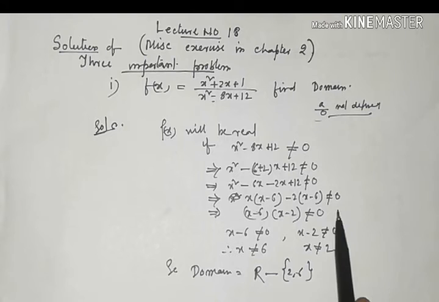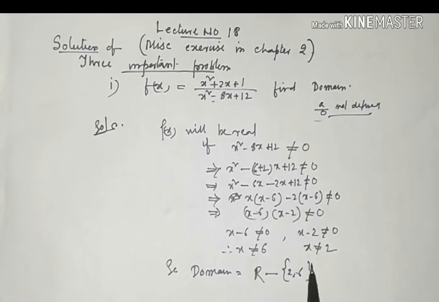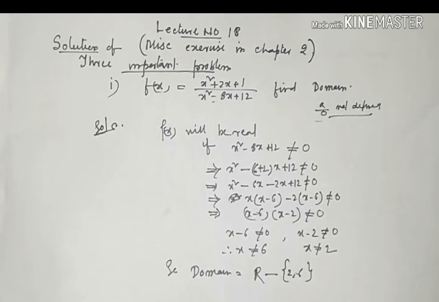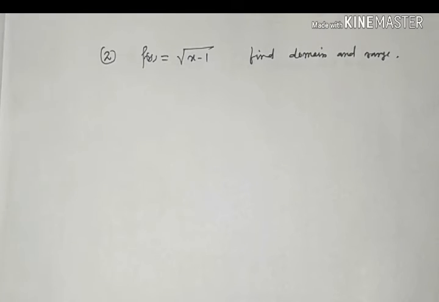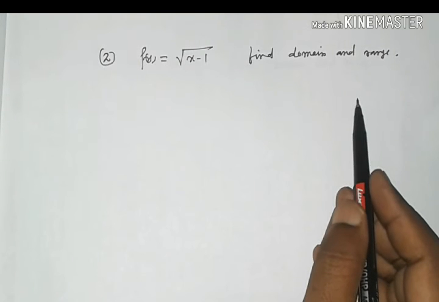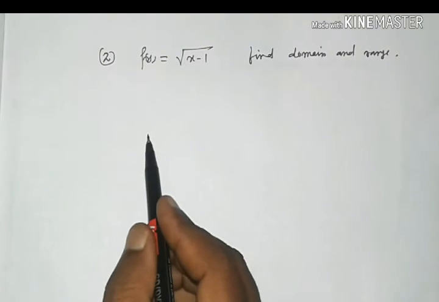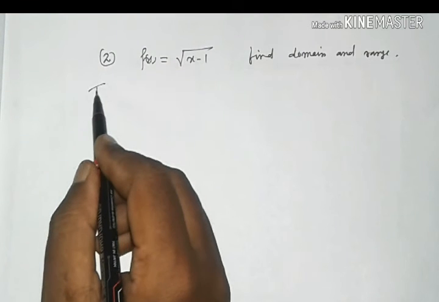This is all of problem number 1 that I have discussed. Next problem I discuss: f(x) = √(x - 1). Find domain and range. At first we shall find the domain.